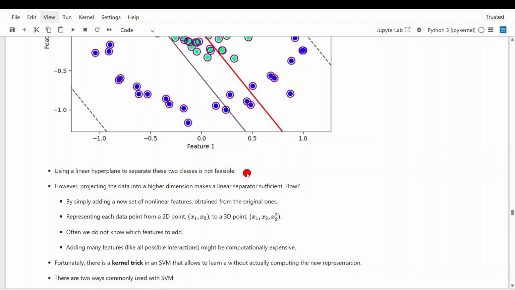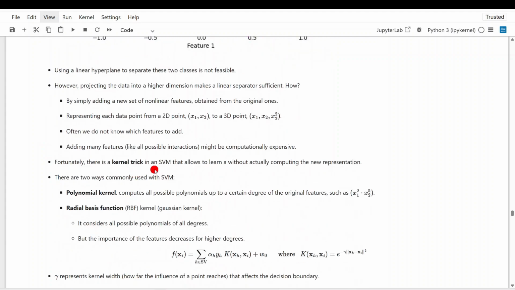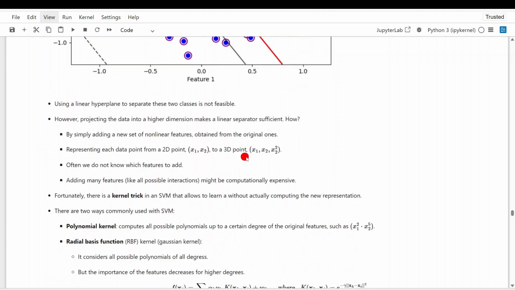So one idea is to project the data into higher dimensions to make it linearly separable, right? For example, this data is expressed by x1 and x2, but what if we include another feature, let's say x2 square or x1 square? That means representing this two-dimensional data as three-dimensional data.